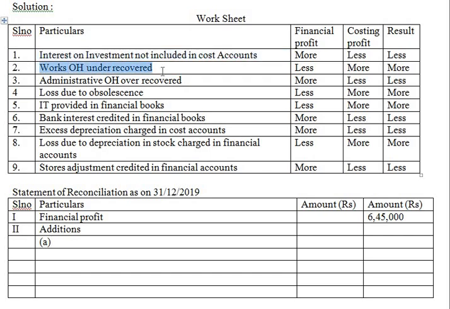Now, second point. Works overheads under recovered. Write the amount 15,500. Next, loss due to obsolescence. Amount is 28,000.